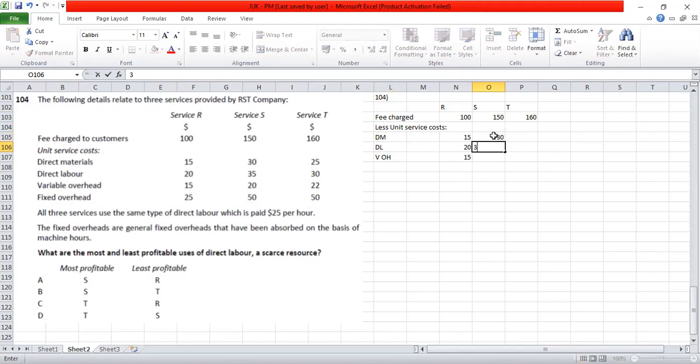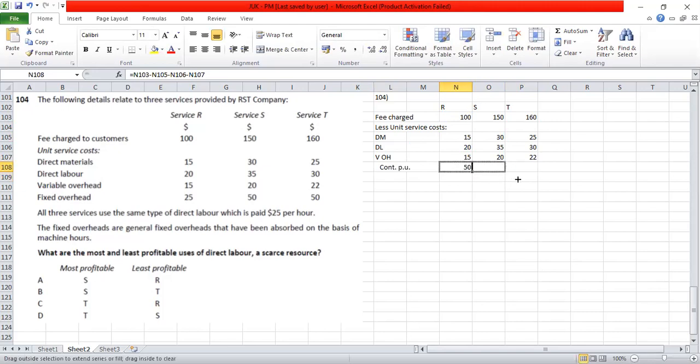Here we have just 30, 35, 20. Then that will be the contribution per unit.